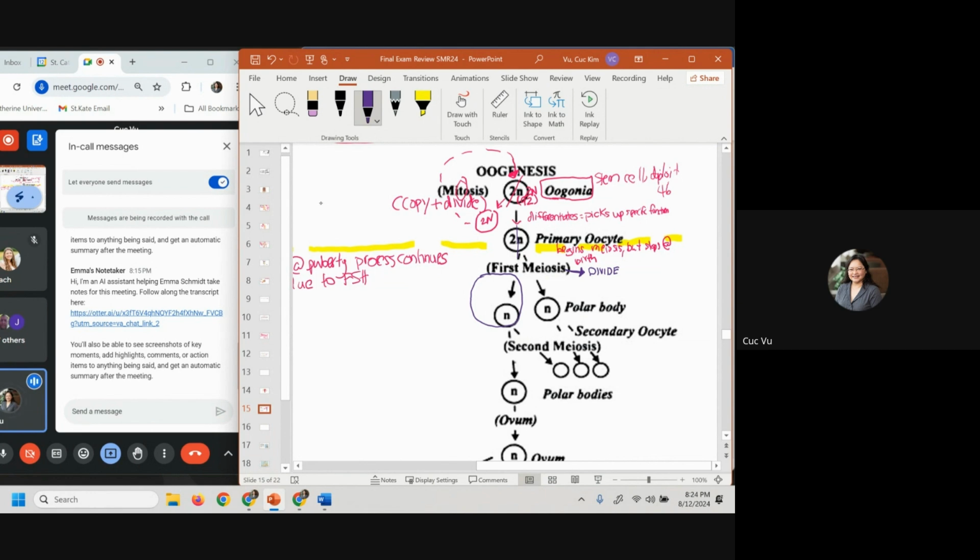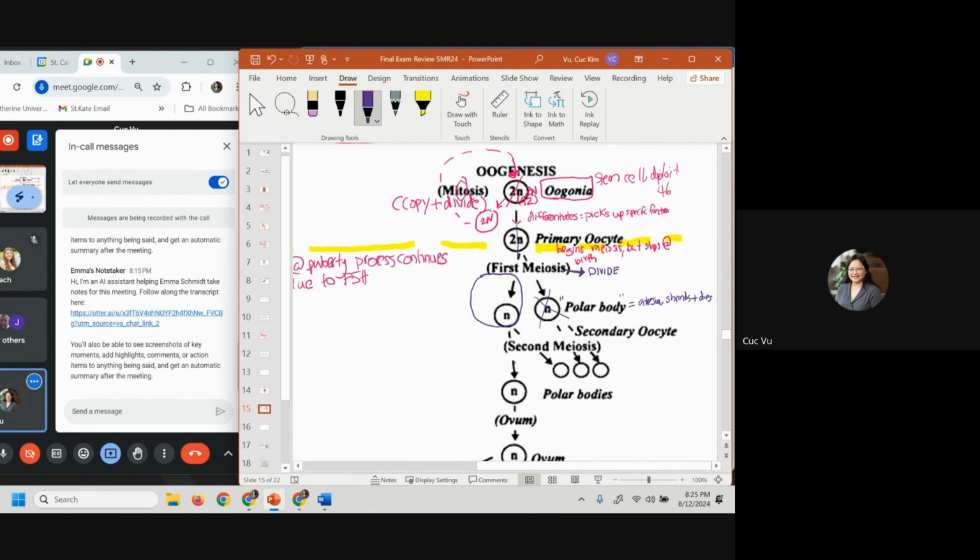Once it divides, one of them will keep everything, and the other one just spits out the chromosome. The one that spits out the chromosome is referred to as the polar body, and the polar body is going to undergo a process called atresia. Essentially, atresia is where it just shrinks and dies. So essentially, it's a way to get rid of that.